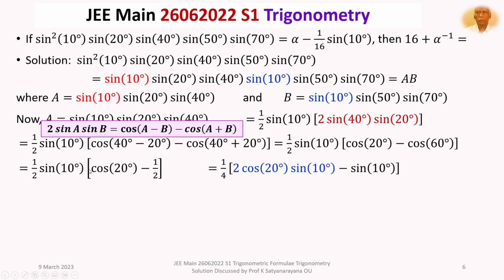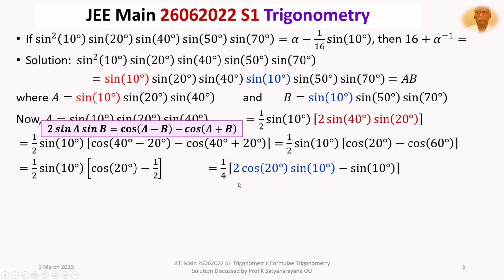Take the LCM and bring this sine 10 inside the bracket. Then we get 1 by 4 into 2 cos 20 sine 10 minus sine 10 degrees.